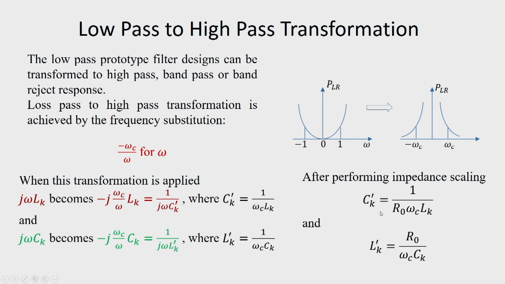So, this gives us the values of the L and C elements in the actual filter, which will have a source impedance of R naught and cutoff frequency omega c.